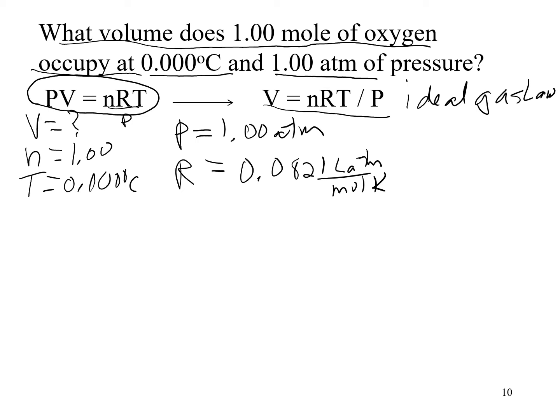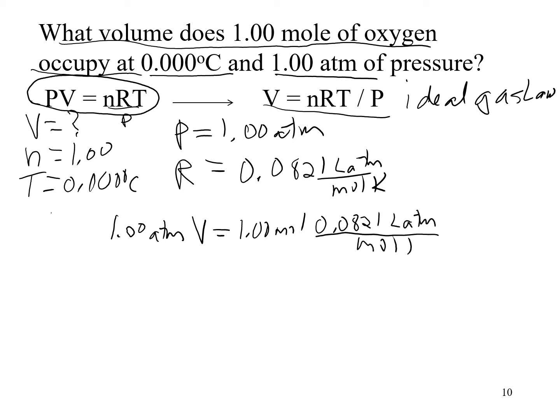So pressure is 1 atmosphere. Volume is my unknown. n is 1 mole. R is 0.0821 liter atmospheres divided by mole Kelvin.